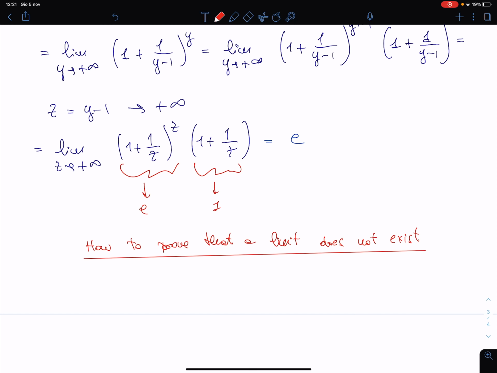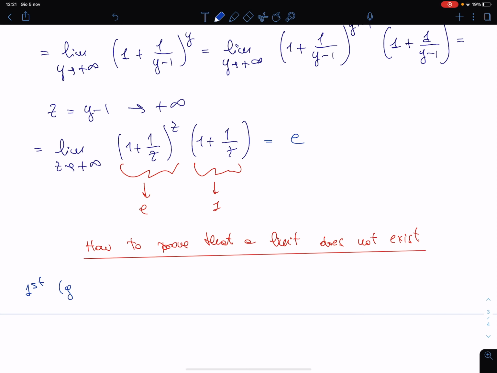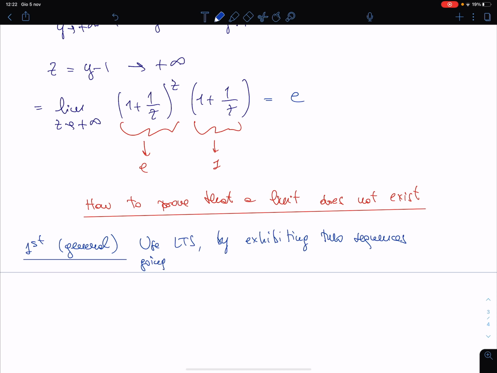We will see many methods, and the first, most general, is to use LTS in a negative fashion, by exhibiting two sequences both going to x bar, but whose sequences of images have different limits.